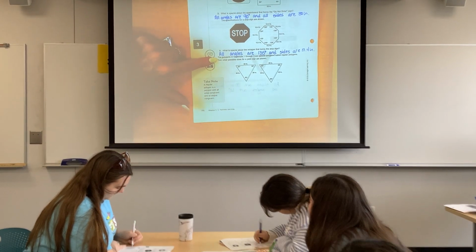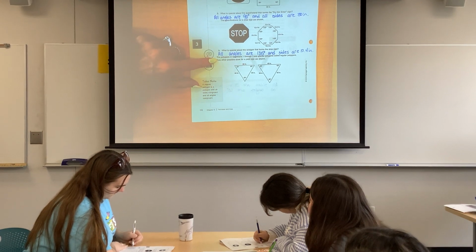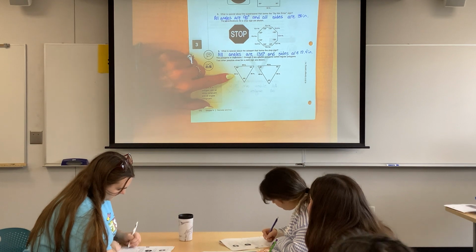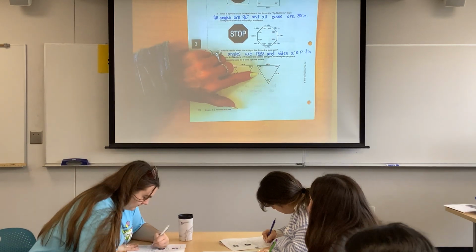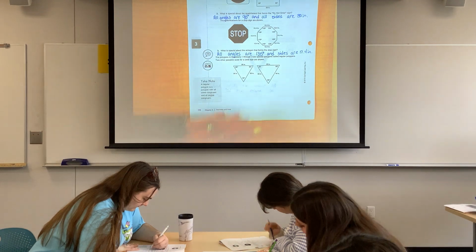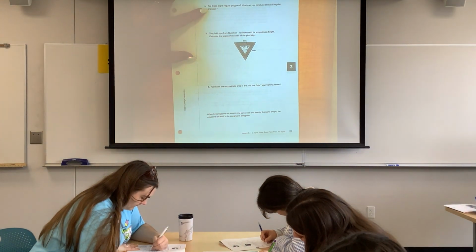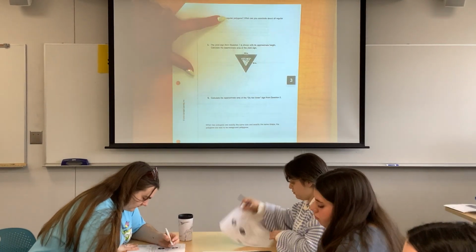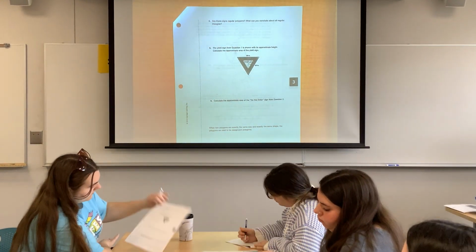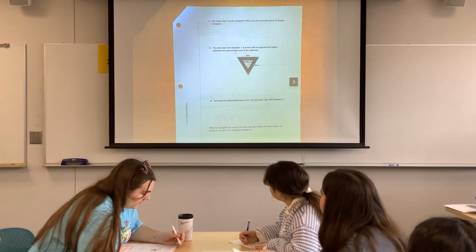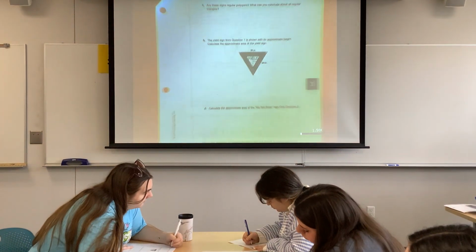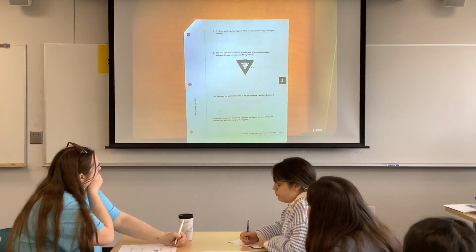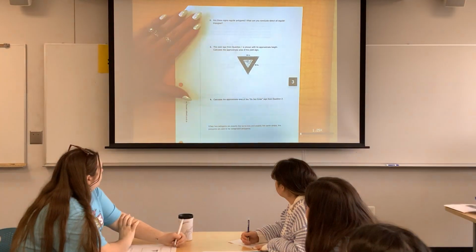Here are some other possible sizes for a yield sign. So we could have 36-inch sides, or we could have 48-inch sides, right? Are these signs regular polygons? How do you know? Okay, so they still have congruent sides and congruent angles, right?